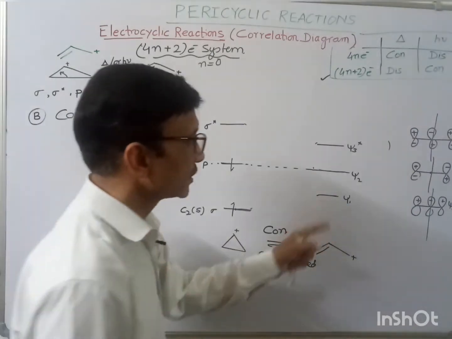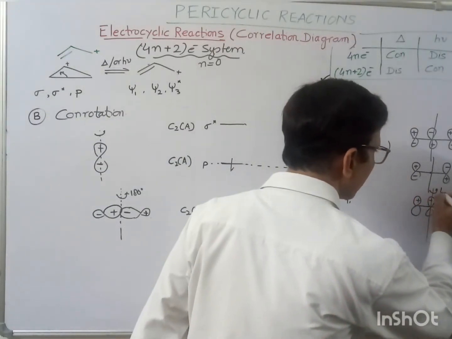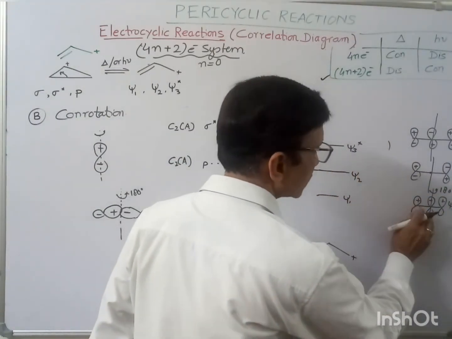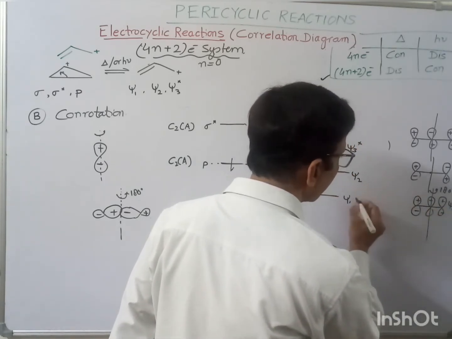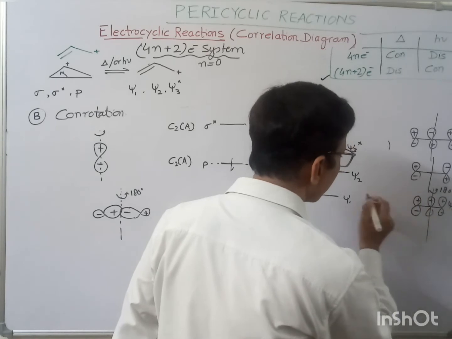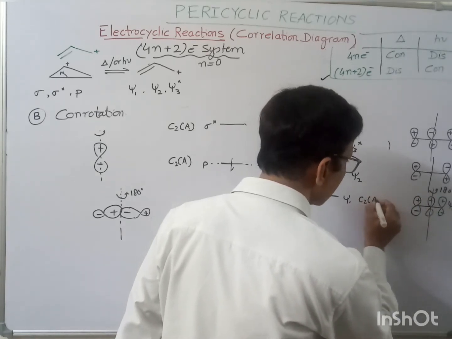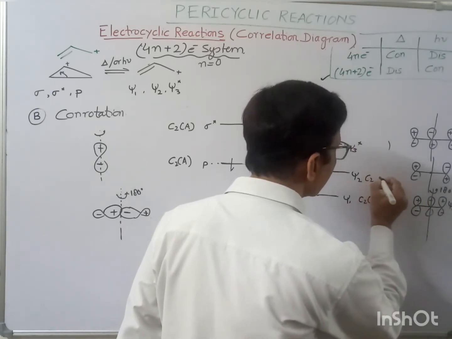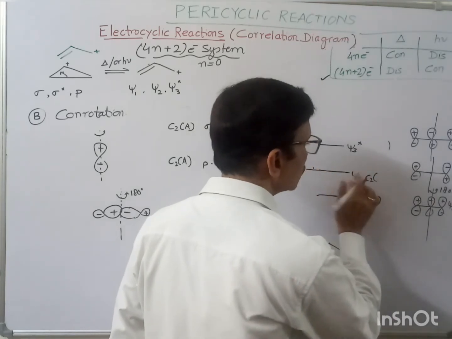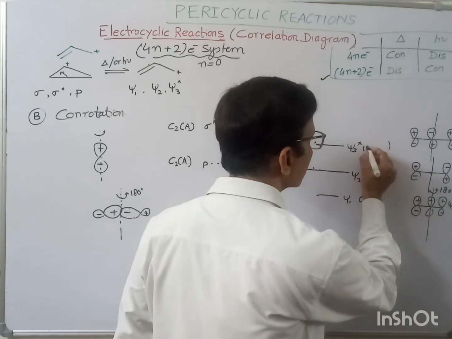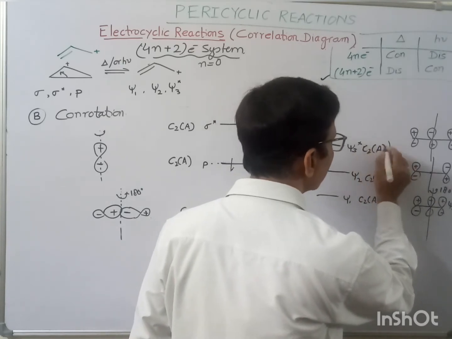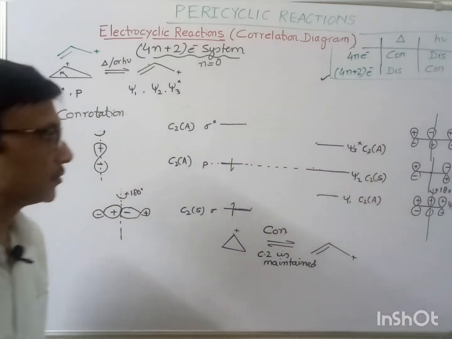And what about this one? If you rotate it by 180 degrees, is it symmetric? No. At the place of plus, this minus will come. So it is anti-symmetric. In the same way, psi 2 is symmetric, and psi 3 star is anti-symmetric with respect to C2.